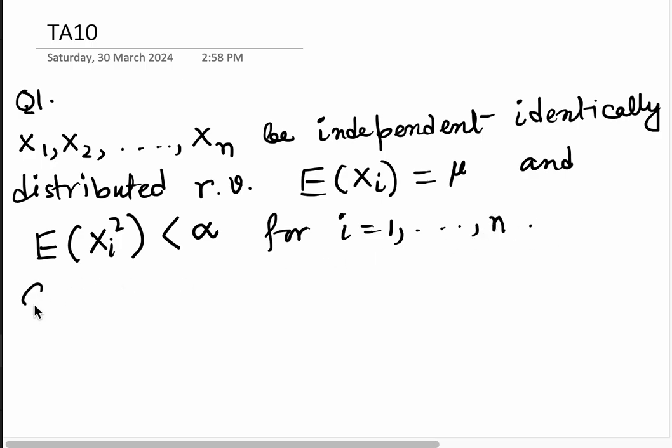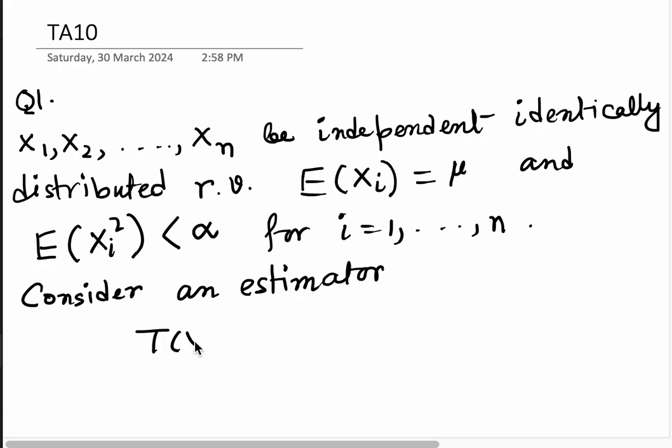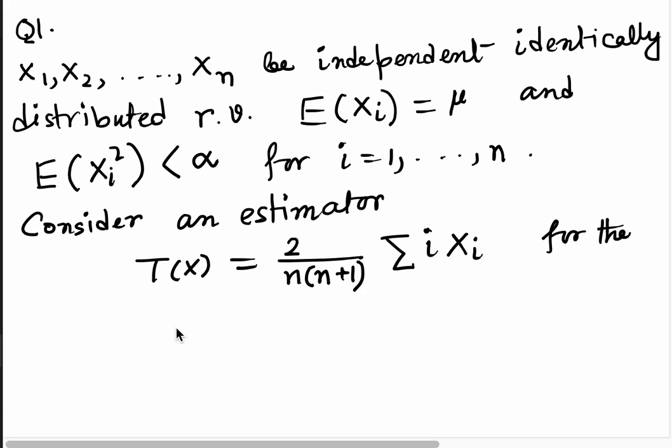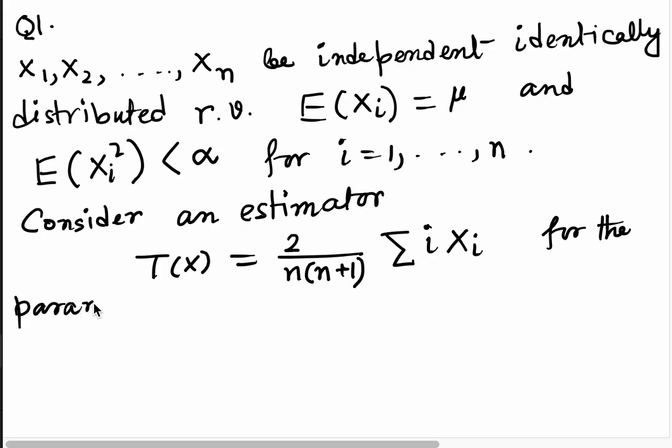Now consider an estimator T of X is 2 by n plus 1 times the summation of i Xi, for the parameter mu.